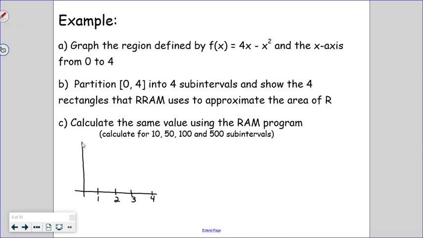Because it asked me for 4 partitions here on the next one, it says 4 subintervals, 4 partitions. I'm going to use the actual points at 0, 1, 2, 3, 4. So at 0, if I plug 0 in here, 0 minus 0 is 0, so it'd be a point 0, 0. Plug 1 in there: 4 times 1 minus 1 squared, 3.